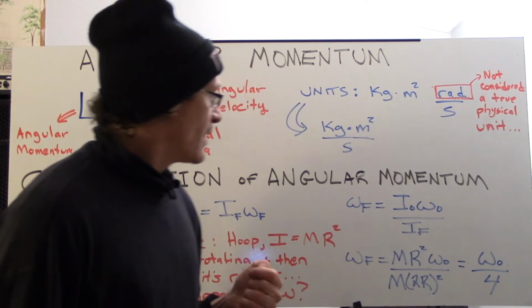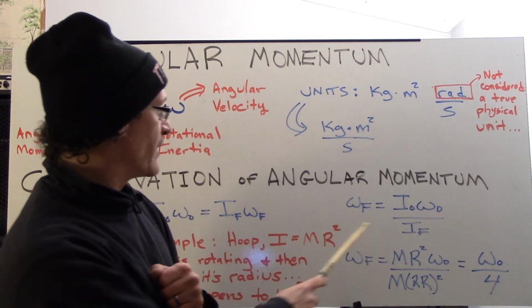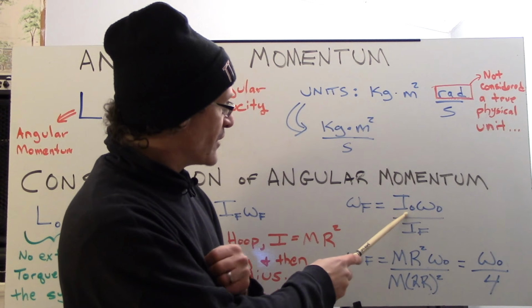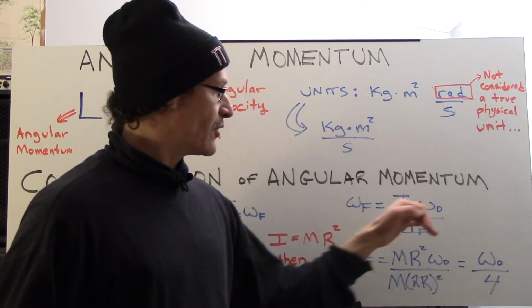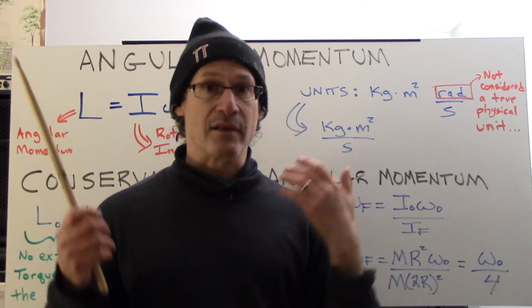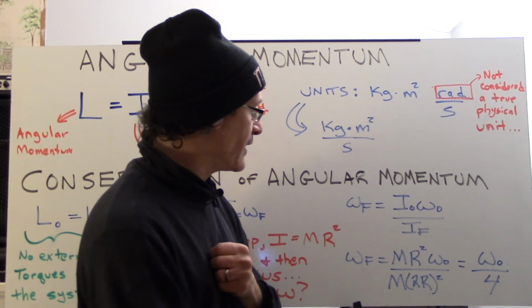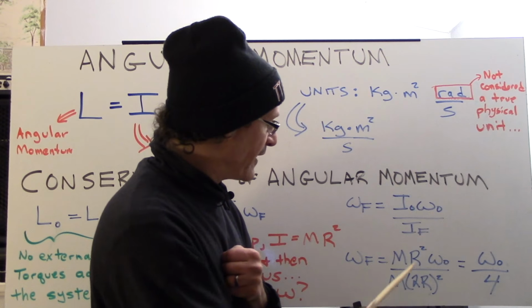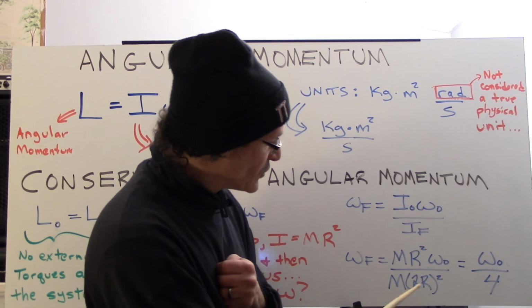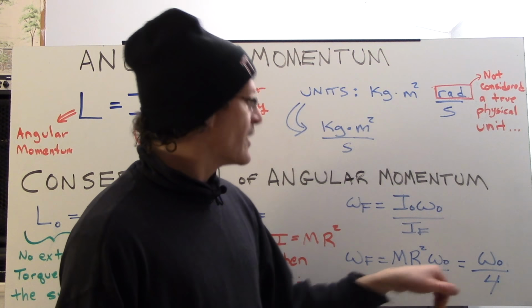So what we've got here is omega final equals rotational inertia original times omega original over rotational inertia final. The change came in the distribution of mass. So here it is. We have mr squared for I naught, and for I final, it's m times (2r) squared, we double the radius. So remember that the 2 gets squared as well.